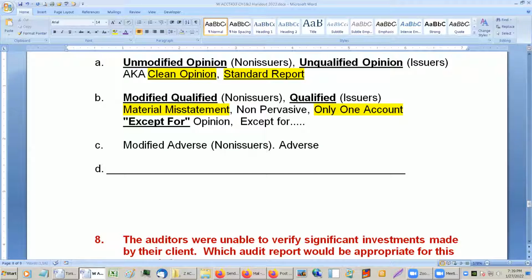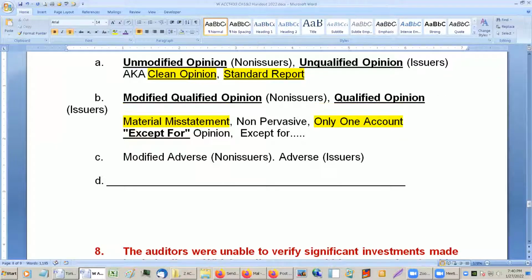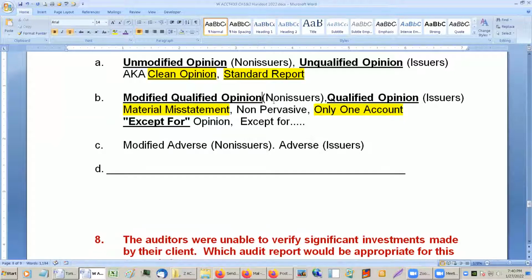Final adverse opinion for issuers. And yeah, these are adverse opinions.